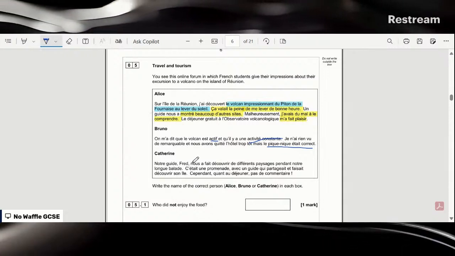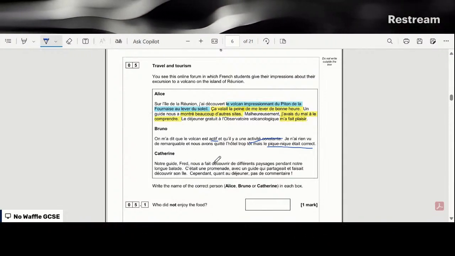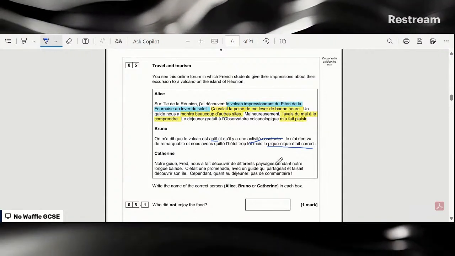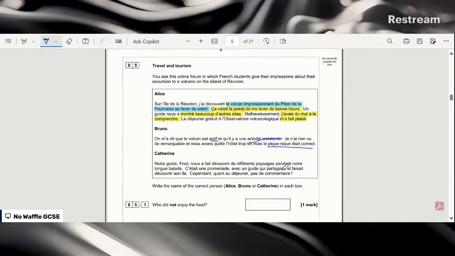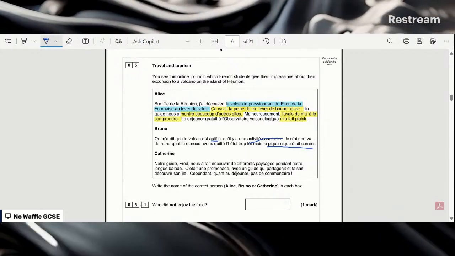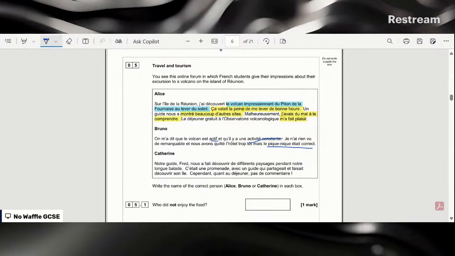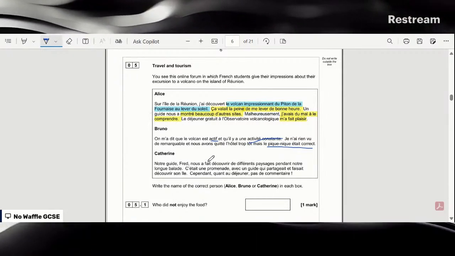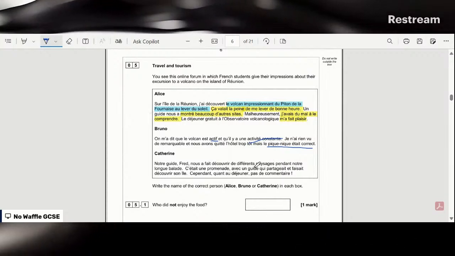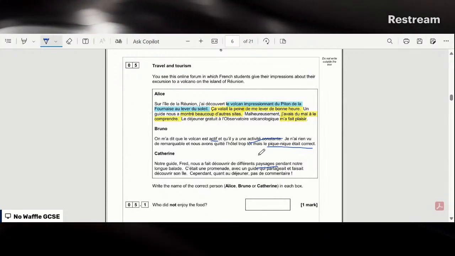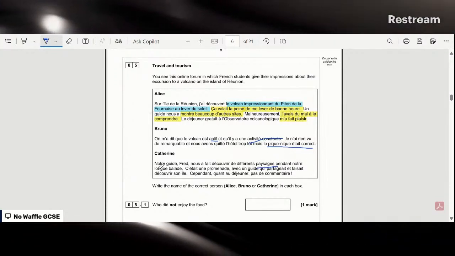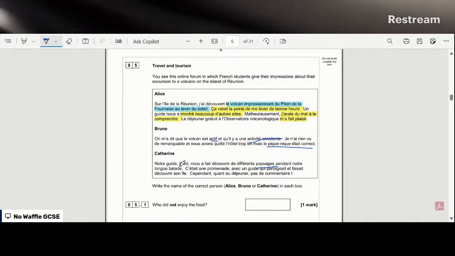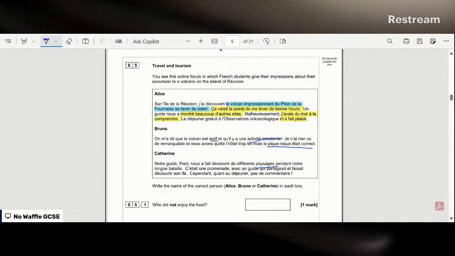Notre guide Fred, the guide Fred, nous a fait découvrir de différents paysages pendant notre longue balade. So their guide Fred had them discover a lot of different landscapes, paysages, pendant notre longue balade.